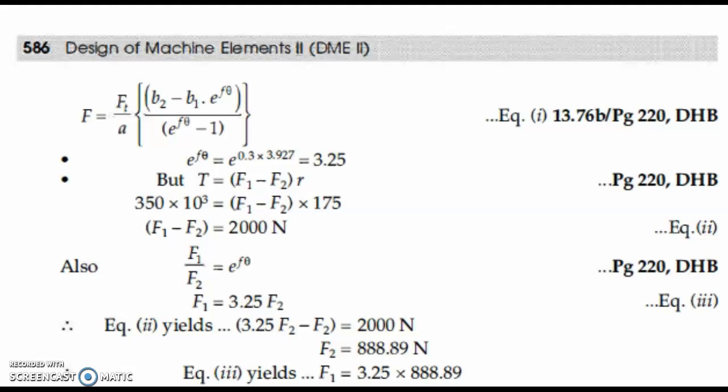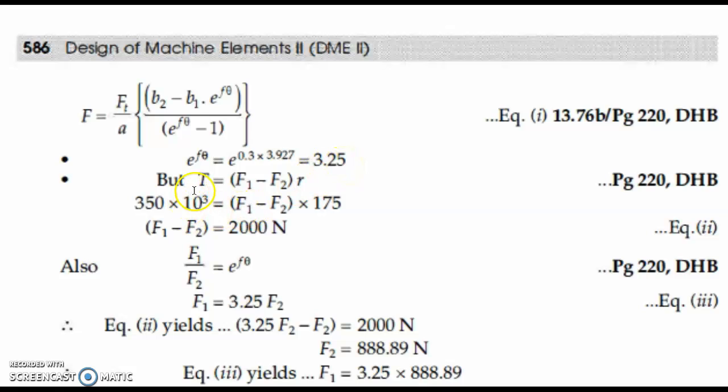In our data book it is for the counterclockwise direction, but in this case the fulcrum is situated on the top side. So we have to take this for the clockwise rotation. Here e raised to mu theta we can calculate because mu and theta are given, then it will become 3.25.